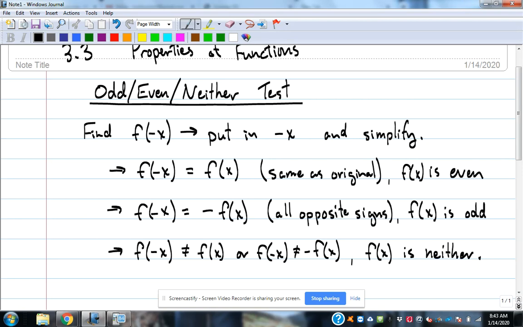There are several functions that are odd, several that are even, but there are a whole bunch of functions that are neither out of that. So what that statement says is, if it isn't exactly the same as the original, or isn't the opposite signs of the original, then it's neither. If it's any kind of mix of that, it's going to be a neither.